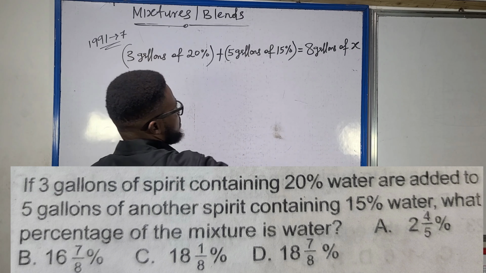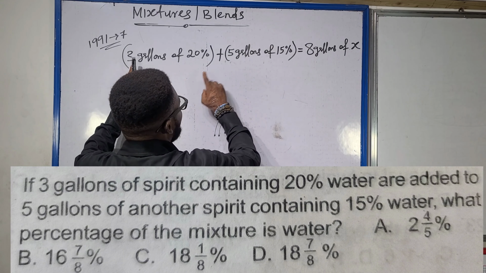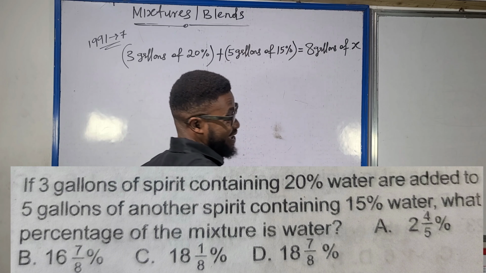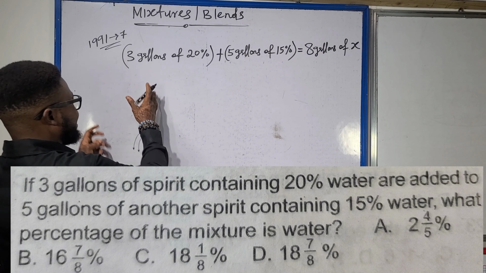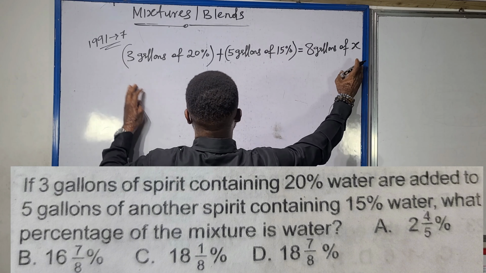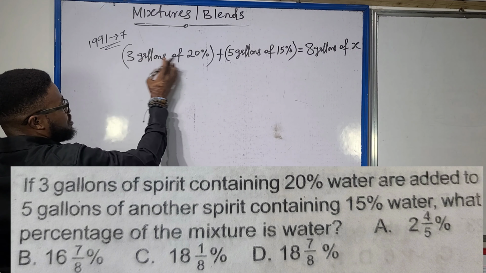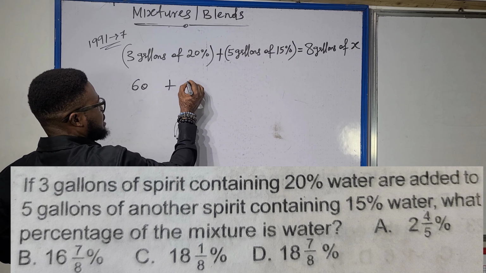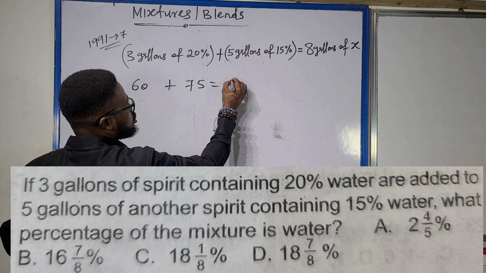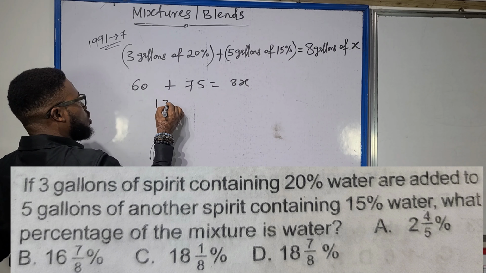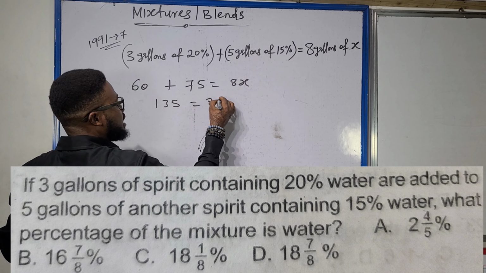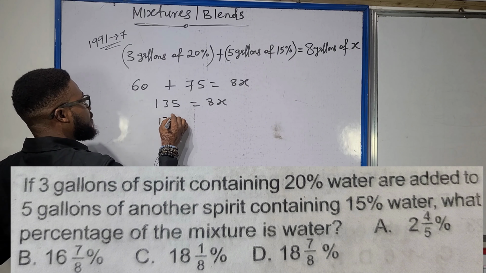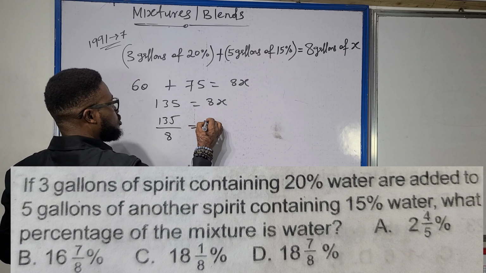Obviously, we're going to have a certain percentage of water, but 3 gallons plus 5 gallons gives us 8 gallons in total. So this is our variable here. This is the equation we have to solve. 3 times 20 is 60. 5 times 15 is 75 equals 8x. So this is 135 equals 8x. 135 over 8 equals x.